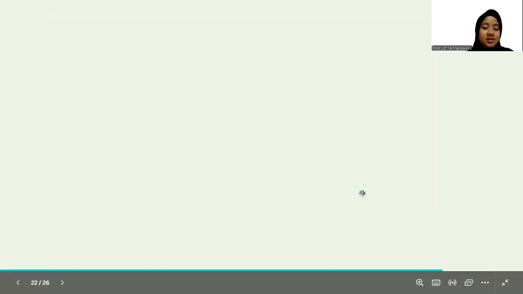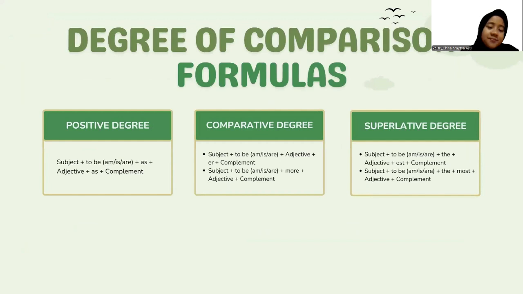Now let's go to the verb ones. For the positive degree, we have subject plus to be plus as plus adjective plus as, plus complement. And then we also have the comparative one. We have subject plus to be plus adjective plus er plus complement. That's the first one.